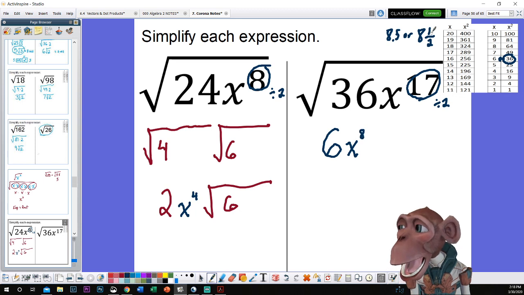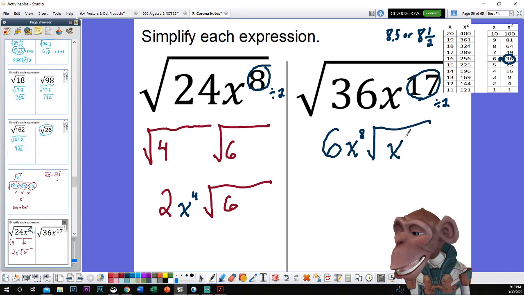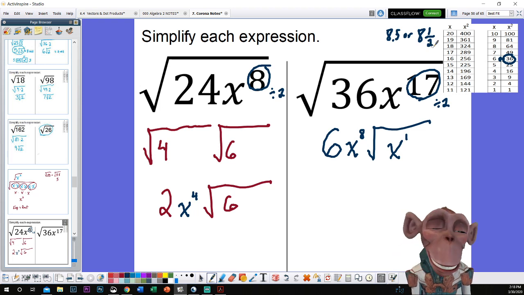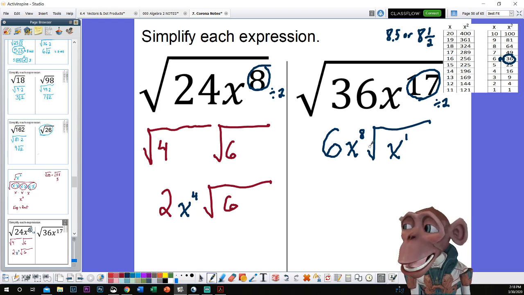Now, the fact that we have a 1 left over, that tells us how many x's are left over inside the square root. This is a 2 on the bottom because it's a square root. So really, the bottom number is not going to matter too much to you. You just need to remember to take your top number, the numerator, and put it on top here.